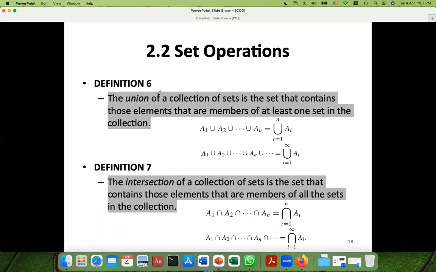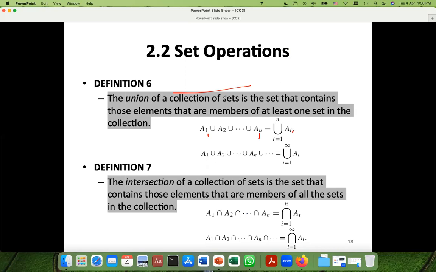Okay, then now definition 6, union of a collection of sets. If you have a collection of sets like A1, A2, and so on up to AN, then what would be the union? You can represent it with capital U, from I equal to 1 to N, which is the last N, of AI, and here A1 union A2, it would be a chain.